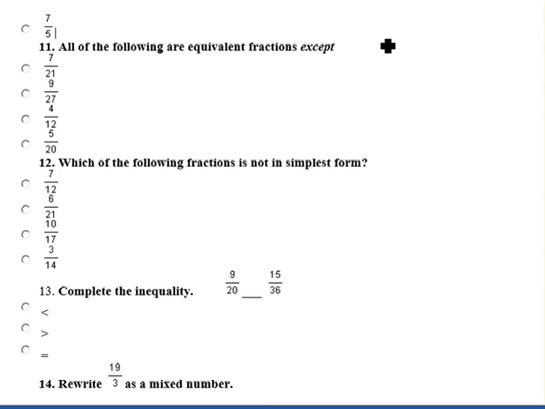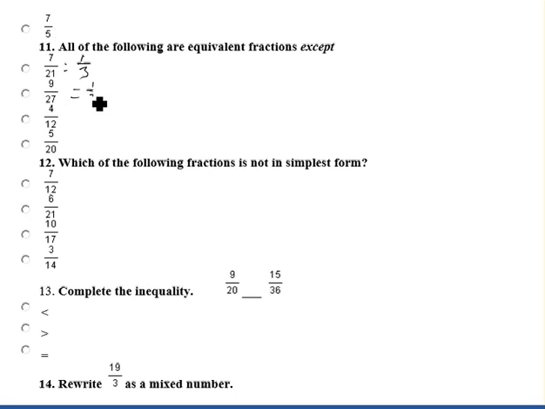Okay. All of the following are equivalent fractions. That means they're equal. 7/21. Let's simplify it. So when I get these types of questions, I just simplify. 7 goes into 7 once. 7 goes into 21 3 times. So 9 and 27. 9 goes into 9 once. 9 goes into 27 3 times. So those are the same.